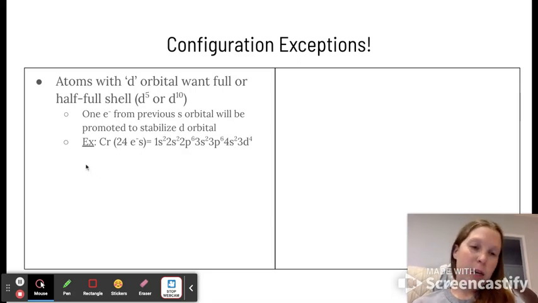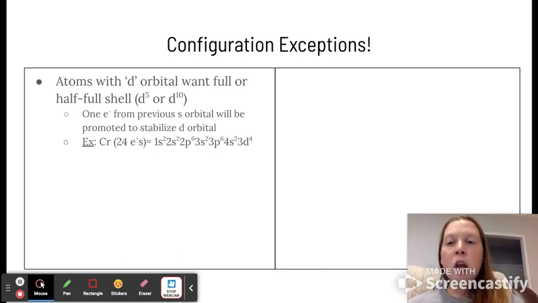So one of the examples here, and you can star these on your periodic table, the column in your transition metals that start with chromium and copper. Those are the two columns to know that follow this rule. So if you were to write the configuration just off the cuff for chromium, it's got 24 electrons, and it would fill all the way up to 4s2 3d4. Well, that 3d4 makes us very unhappy.